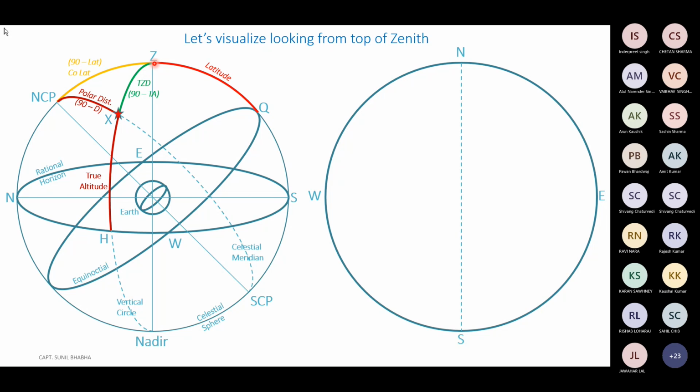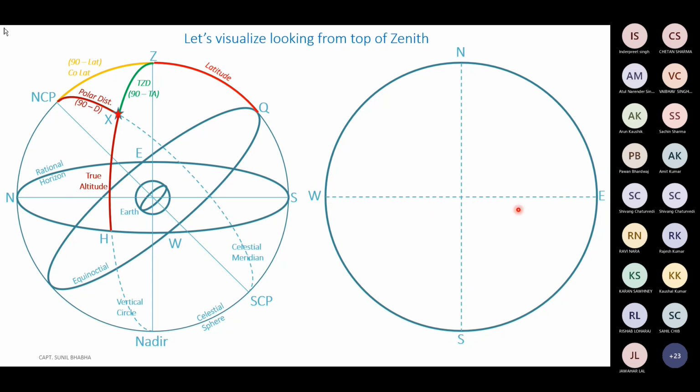Similarly, if you draw a vertical circle which will pass through the zenith and the west point, and also a vertical circle passing through the zenith and the east point, so going from east up to the zenith and coming back to the west point will also look like a straight line when you look at it from the top.